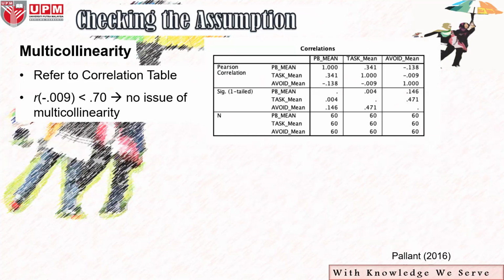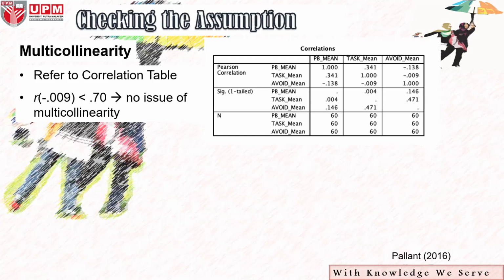According to the R value, R equals -0.009, the correlation between avoidance-oriented coping and task-oriented coping, which is lesser than the cut-off point presented just now, which is 0.7, indicating the case to be deleted.